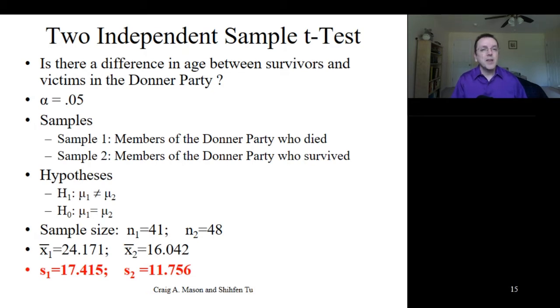Now, if you're looking at existing data, like we are here, if someone reports a measure of variability, they typically report the standard deviation. But we're going to use variances in some of the calculations, so let's just square the standard deviations to make them variances for sample 1 and sample 2.